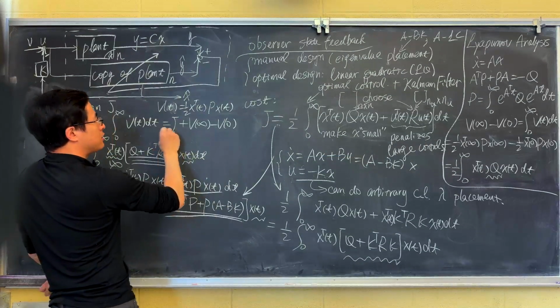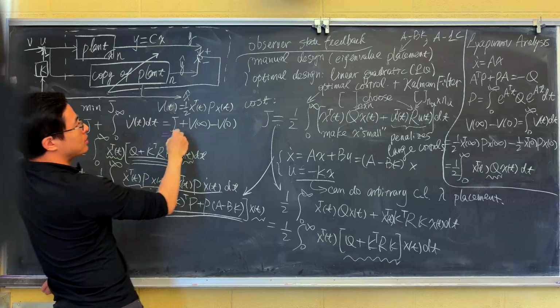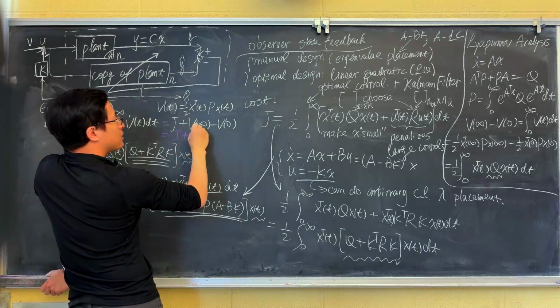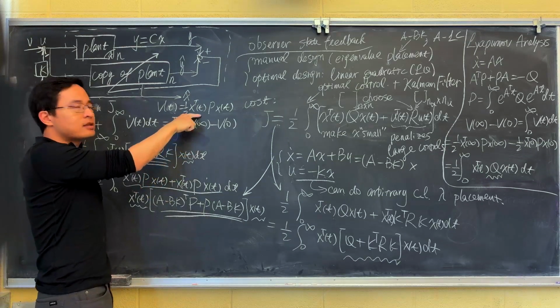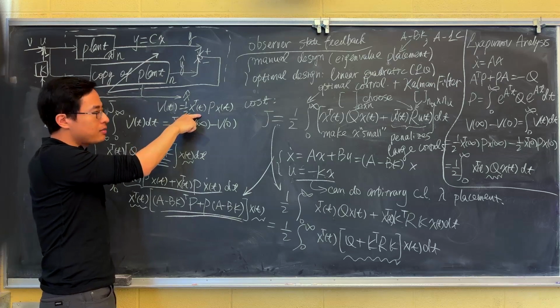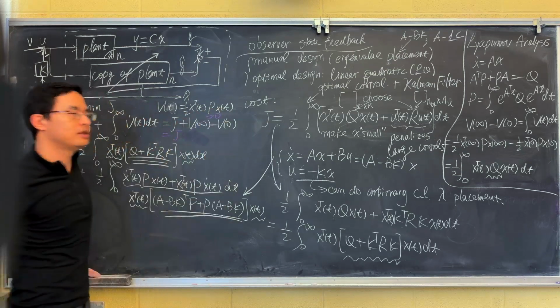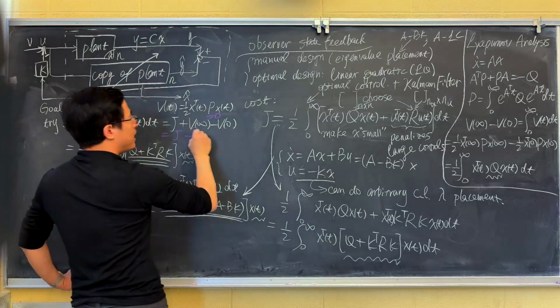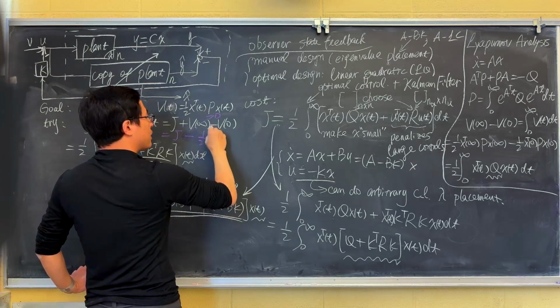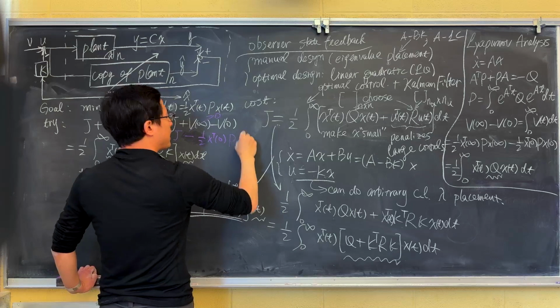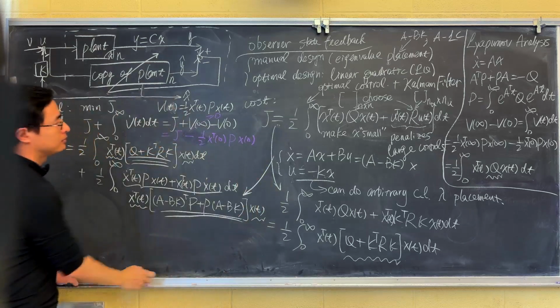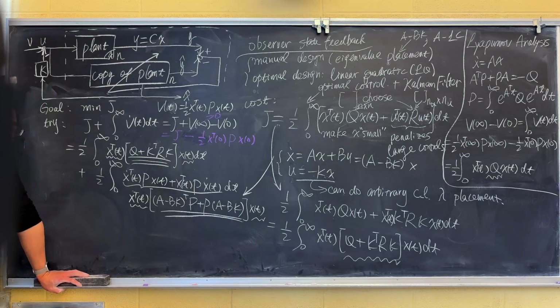The right-hand side: this is J, what we want to minimize, plus V at infinity. If the system is controlled to be stable, then at infinity this is the usual result that this is going to go to 0. So we're left with minus half of x transpose 0 P x0, which is one step away from obtaining the final result.